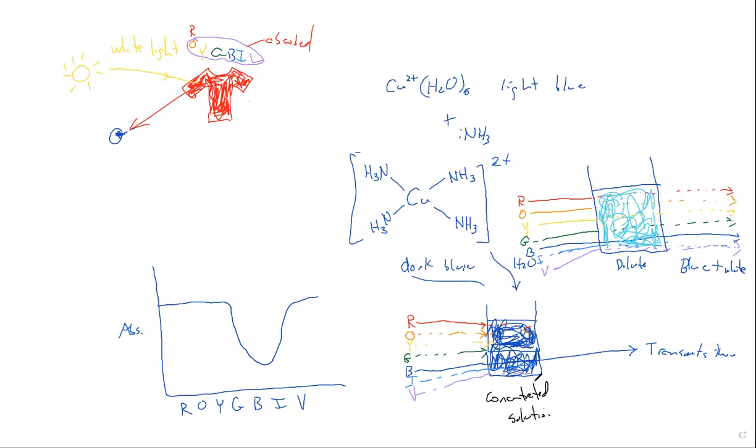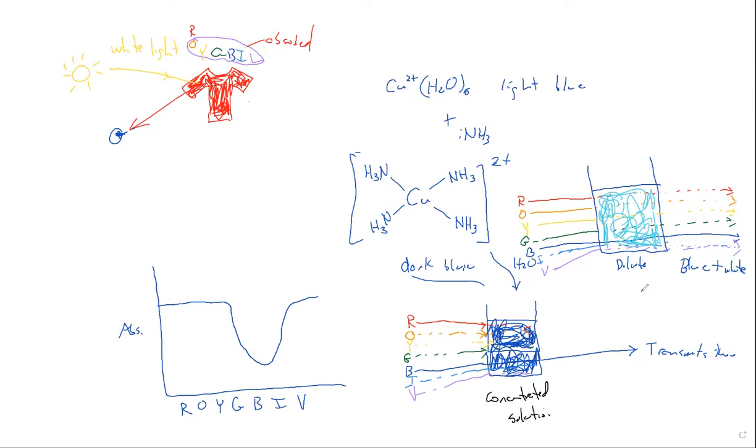And so using this idea that a concentrated solution will absorb all of a color and a dilute solution will absorb only part of the color, we can use the absorbance to measure the concentration.